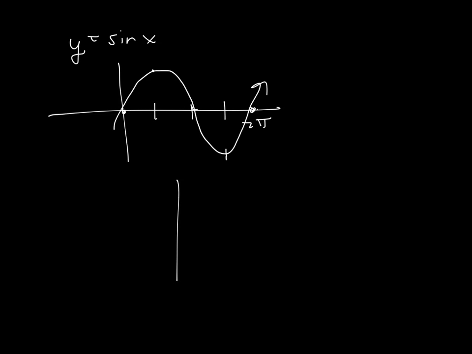Where cosine starts up and then comes down. So it still takes 2 pi to finish a cycle, but it's going to start and end at the same spot. You got your pi in the middle, got your pi over 2, got your 3 pi over 2, and it's going to go like this.